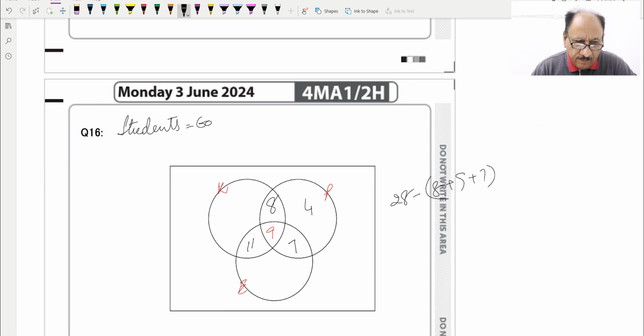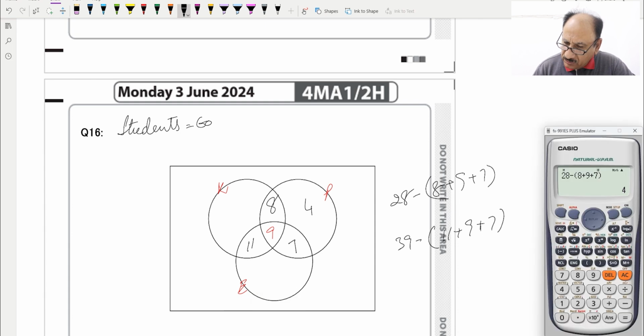And then it says 39 choose embroidery. Similarly we can take 39 minus (11 plus 9 plus 7), and this will give us 12.